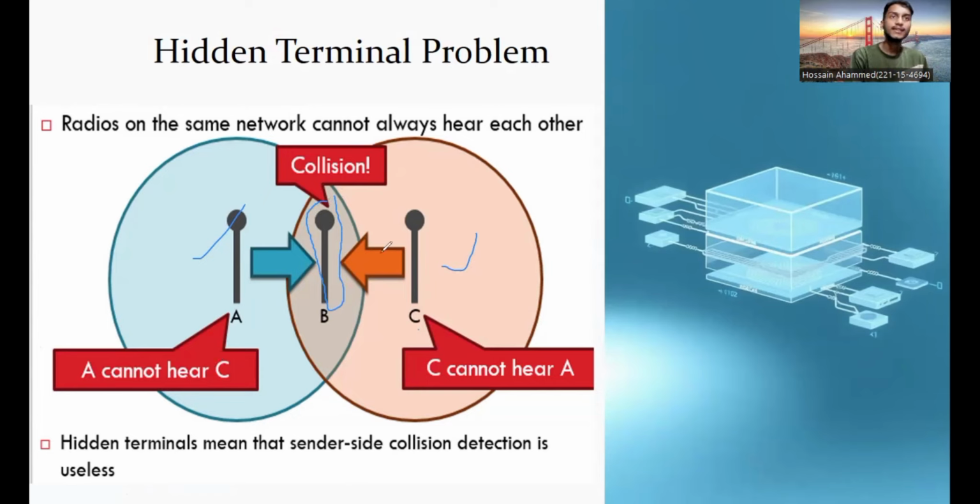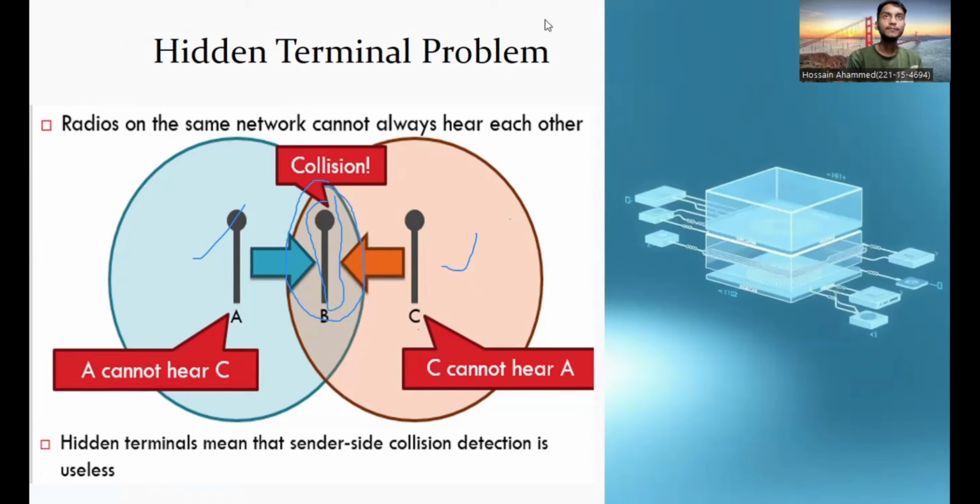When two devices, A and C, both send data at a time, device A cannot hear the receiver's data, and the receiver also cannot hear the data of the sender. That means in the midpoint a collision occurs. That's the problem of the hidden terminal.